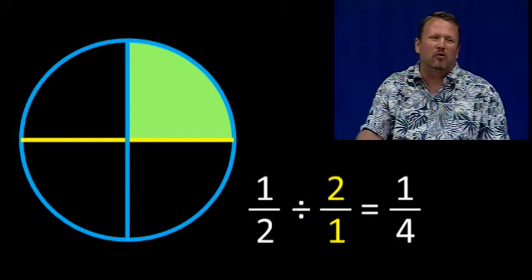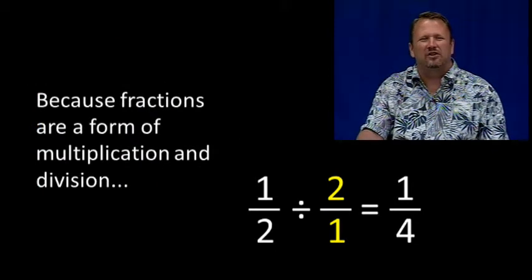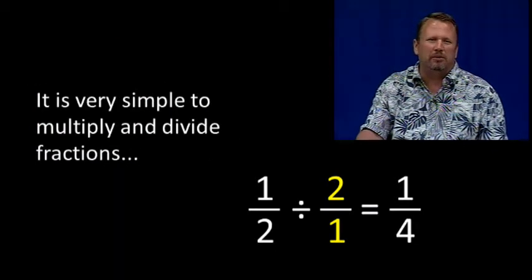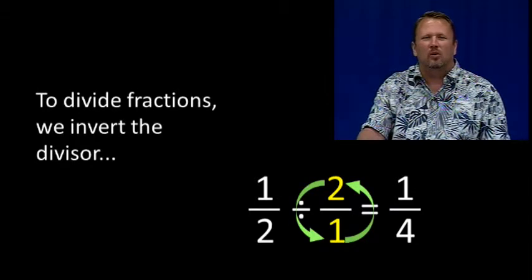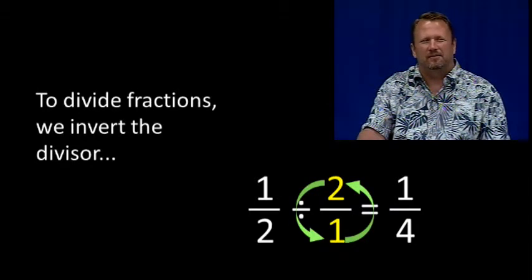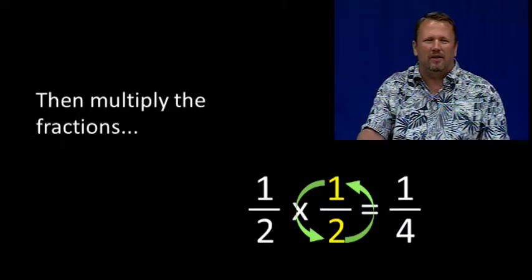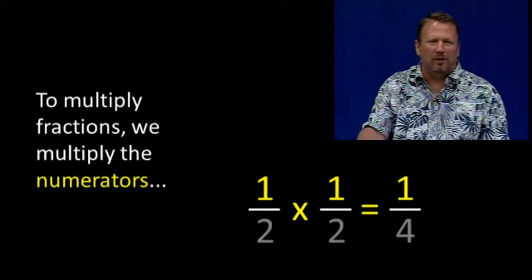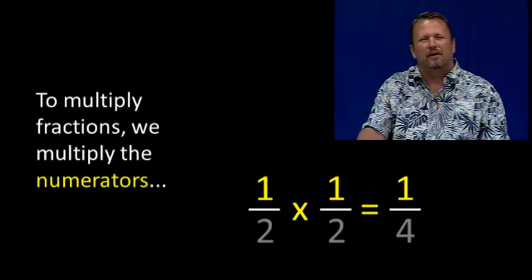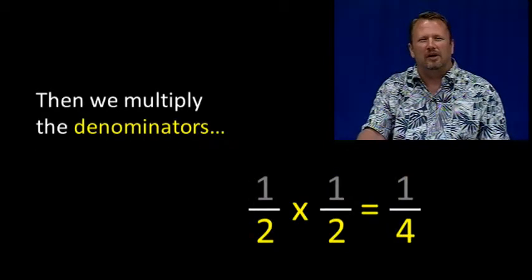Because fractions are a form of multiplication and division, it's very simple to multiply and divide fractions. To divide fractions, we invert the divisor, then multiply the fractions. To multiply fractions, we multiply the numerators, and then we multiply the denominators.